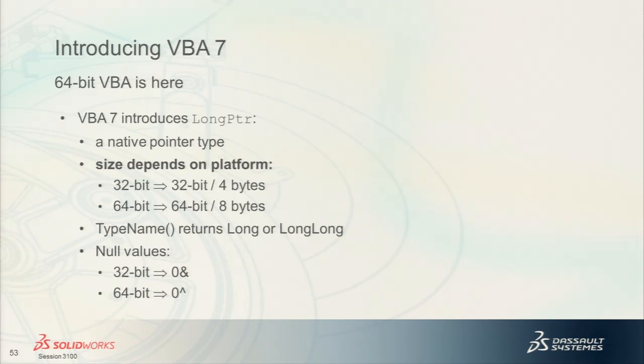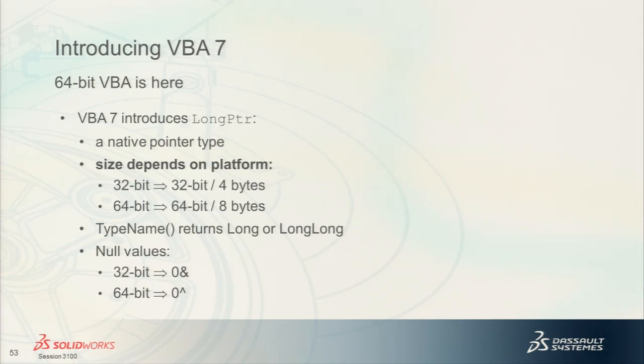The other good thing is that now you no longer need to use an integer to store pointers if you need them for the Windows API. There is a native type called LongPtr, which is of course an abbreviation for pointer. It's built in, and it can do magic. Depending on where you run it, it will change its size silently, just to make it easy for you. So in 32-bit, it will be 4 bytes wide. In the 64-bit world, it will be automatically 8 bytes wide.